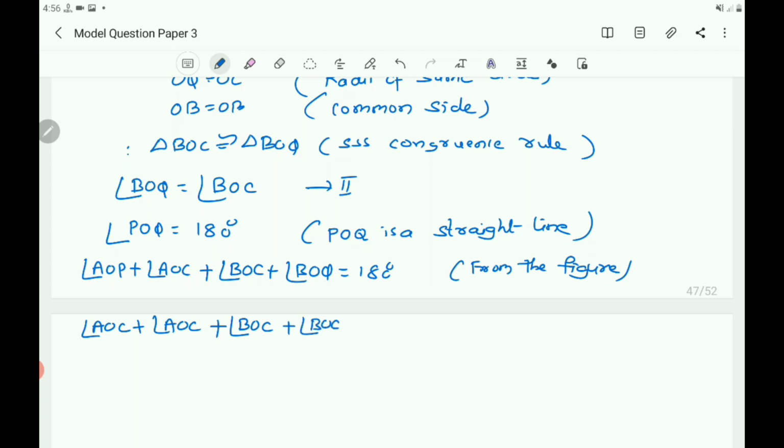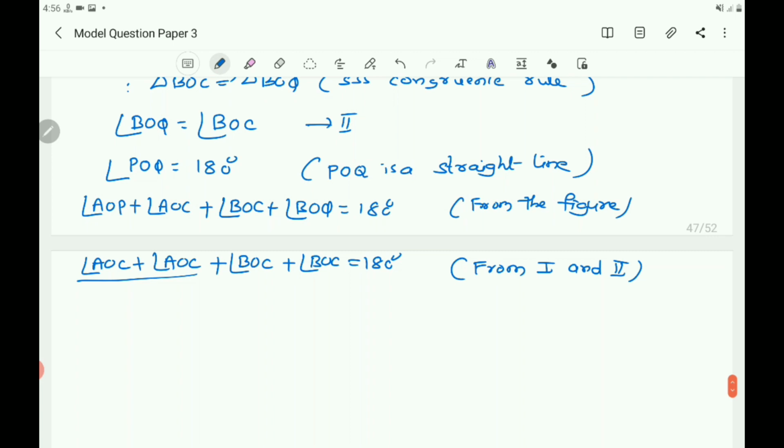Here, because you know that these two are equal and these two are equal. So in the place of AOP we have taken angle AOC only, and in the place of BOQ we have taken angle BOC. That equals what? 180 degrees. Write the reason from first and second.